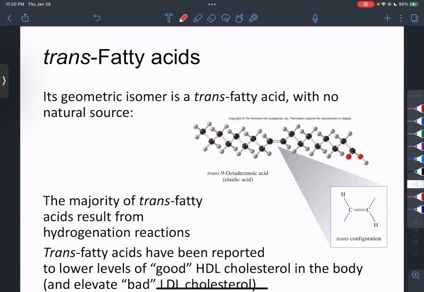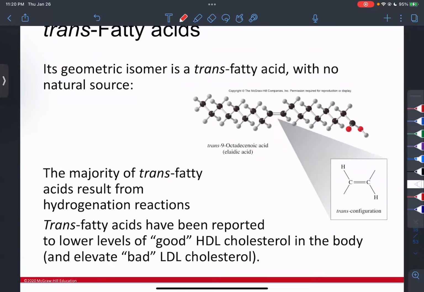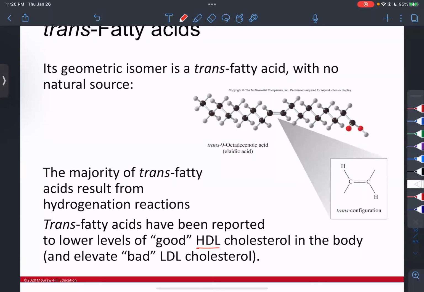And so they lead to unhealthy consequences. For example, having lower levels of the good cholesterol, the HDL, and having high levels of the bad cholesterol, the LDL. So just having a certain kind of double bond actually has a huge impact on the molecule, right?